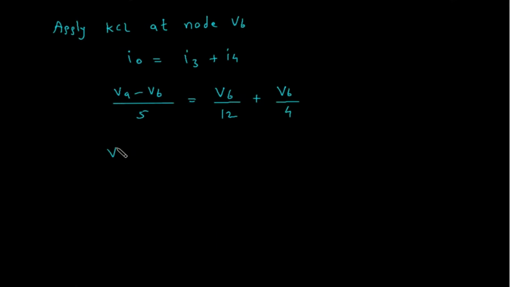So this will be VA by 5 minus VB by 5 minus VB by 12 minus VB by 4 is equal to 0.